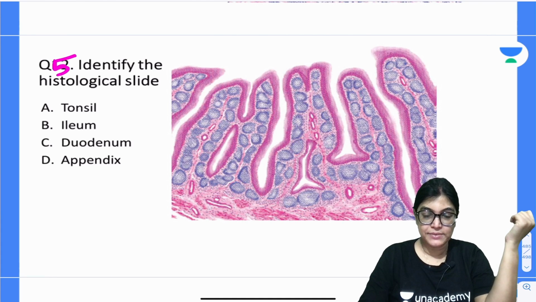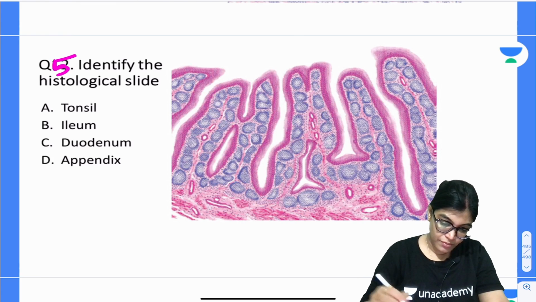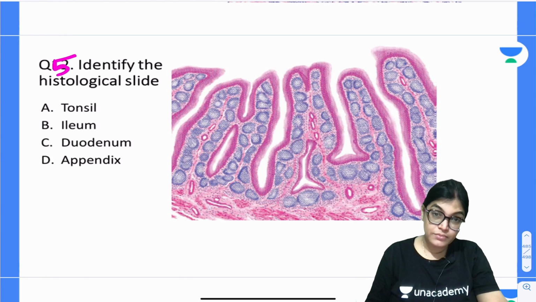A, B, C, D. Take your time, 30 seconds will be provided to you for marking the correct answer.